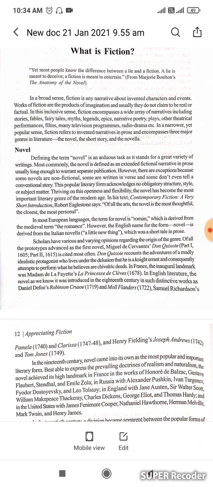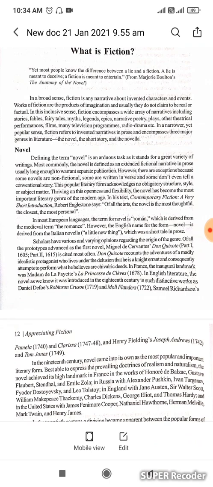And we should remember some names. The novel achieved its heights in France with the works of Balzac, Gustave Flaubert, Emile Zola, and in Russia with Alexander Pushkin and Dostoevsky.